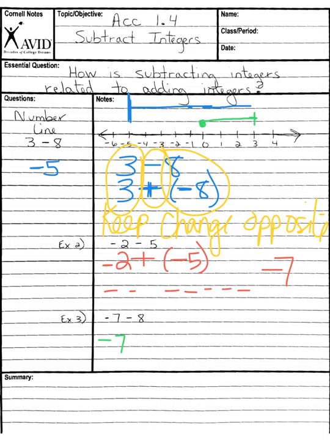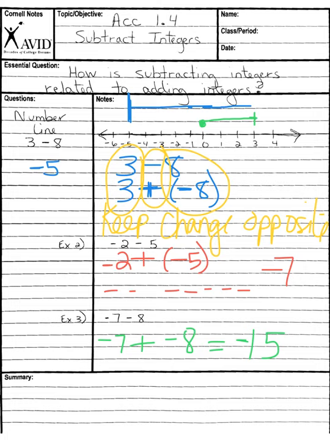We're going to change our subtract to add, and the opposite of a positive 8 is a negative 8. And so we have 7 negatives and 8 negatives, which is a total of 15 negatives.